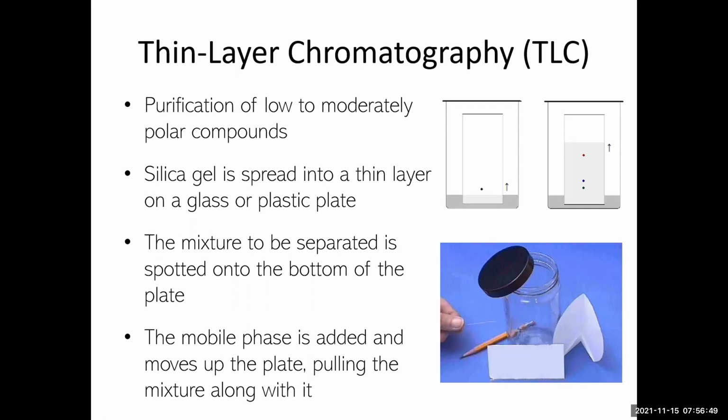We can actually use this as well, fold it or cut it, place it in the developing chamber, and it helps to keep the entire air above the solvent sort of saturated with solvent and not dry, so that the plate, as the solvent moves up the plate, doesn't dry out. And then again, we will need a pencil. So these are the supplies you will need to do a TLC.